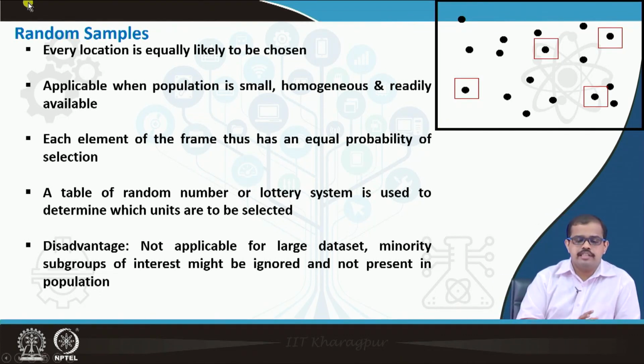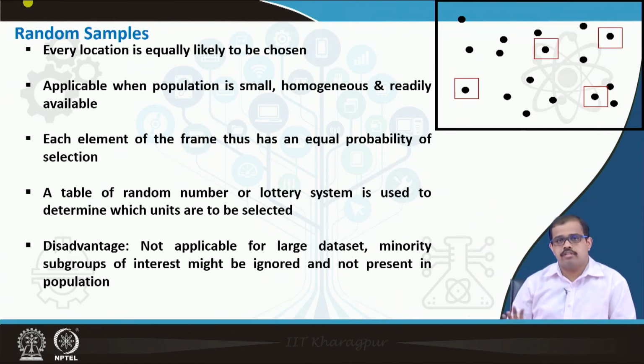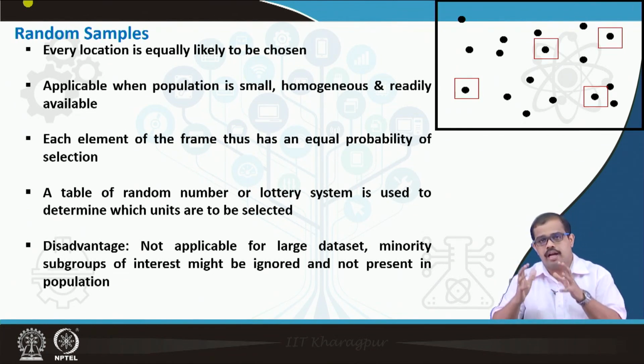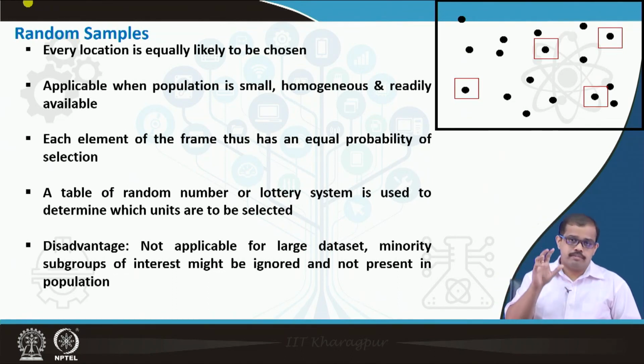So, every location is equally likely to be chosen. You can go into any location in the entire Kolkata region, take a sample and populate it. This kind of sampling can be done when your data set is small and it is extremely homogeneous. If you are sampling the growth of mixed land use and urban land use, you should be able to capture the different data points properly.